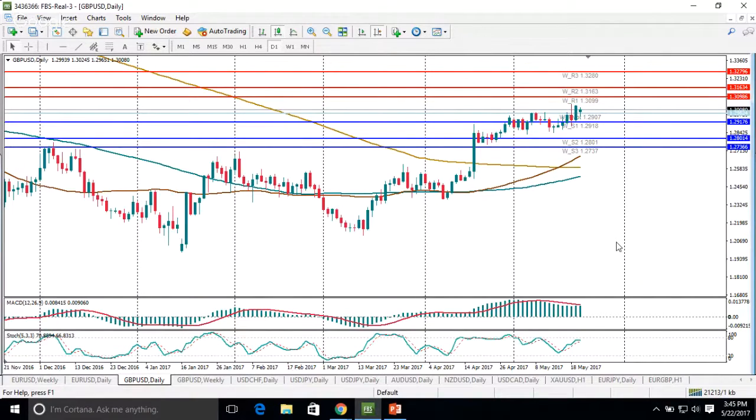As for the fundamental picture for the British pound, here once again there is talk about Brexit. Today we'll hear from UK Prime Minister Theresa May. She will speak later today.